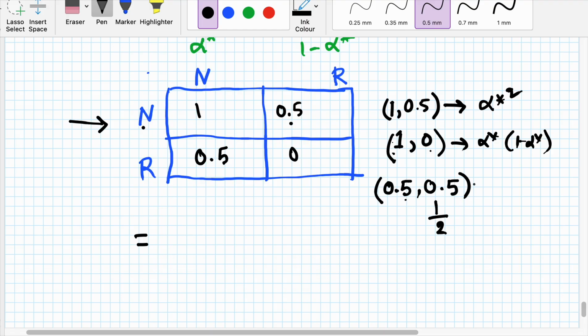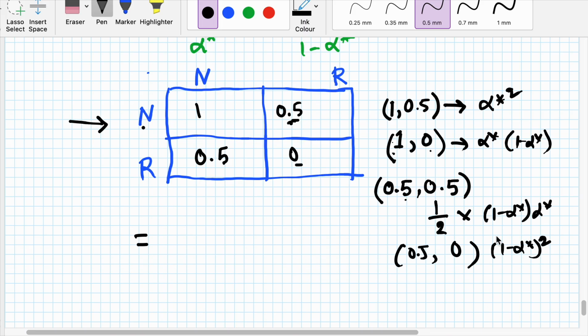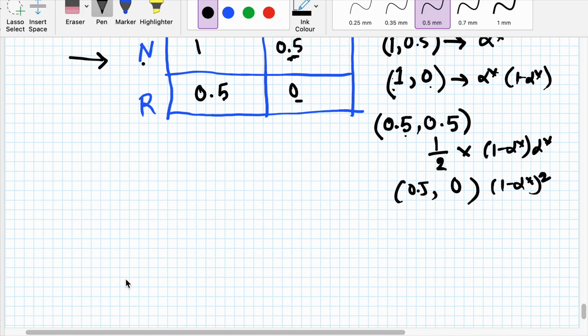So with which probability may it appear? Times 1 minus alpha star, and in case of 0.5 and 0, here also she finds the action associated with n is best. So what is the overall probability?